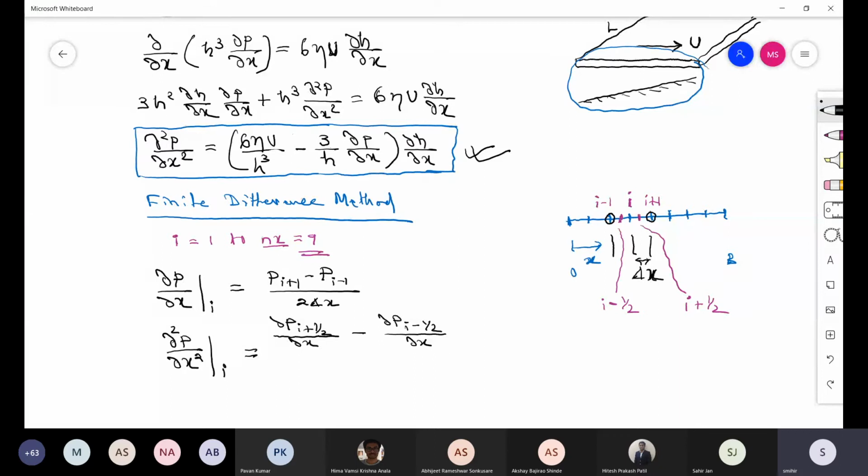Then very well you can write del square p upon del x square at I equal to, see this expression. Any doubt? Let me know. Explain how this has come. Okay. Imagine that del p I plus half by del x is known, just for the time imagine. Okay. Similarly, del p, sorry, this is not I plus, this is I minus.